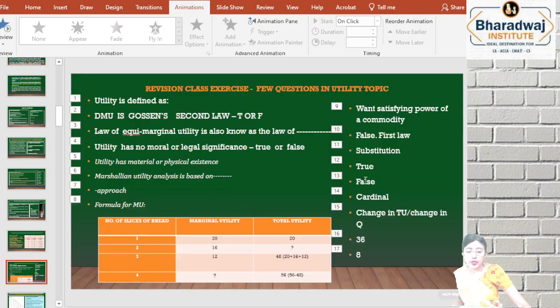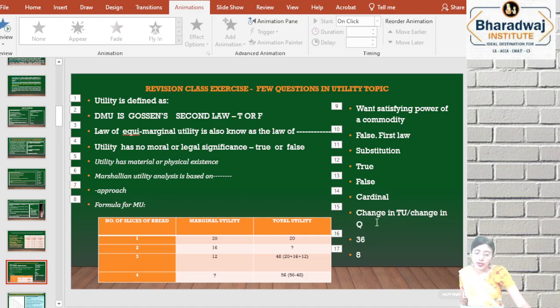Now, look at the next one. Utility analysis is based on cardinal approach, not ordinal. Cardinal approach. Repeated question in the examination. Marshallian utility analysis is based on cardinal approach.